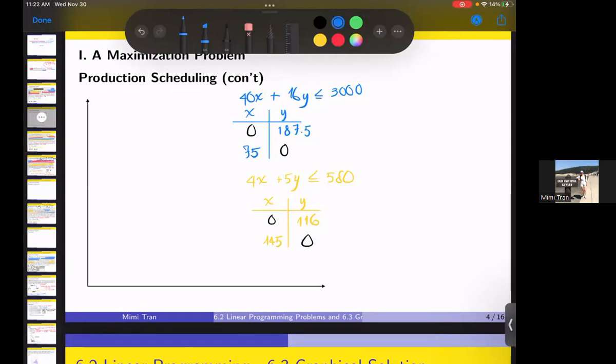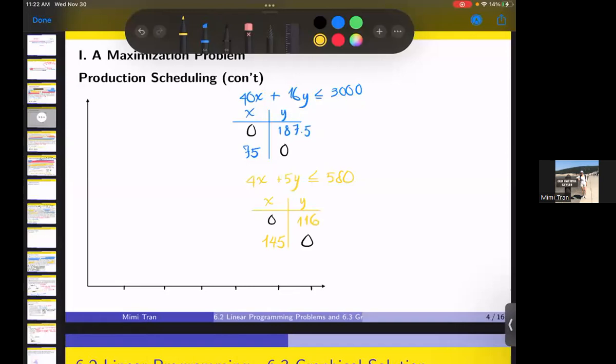All right, so for the y, I need up to 190, right? For the x, I need up to 150. So my tick mark, I'm thinking doing 30 each. Huh? 145, sorry. Let me make it bigger. 45.